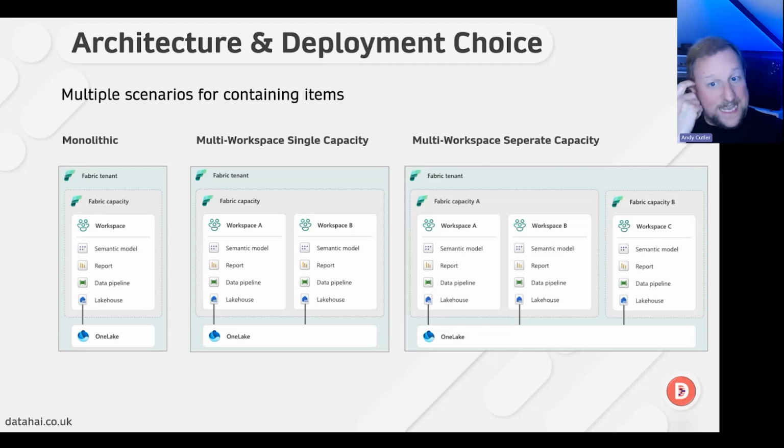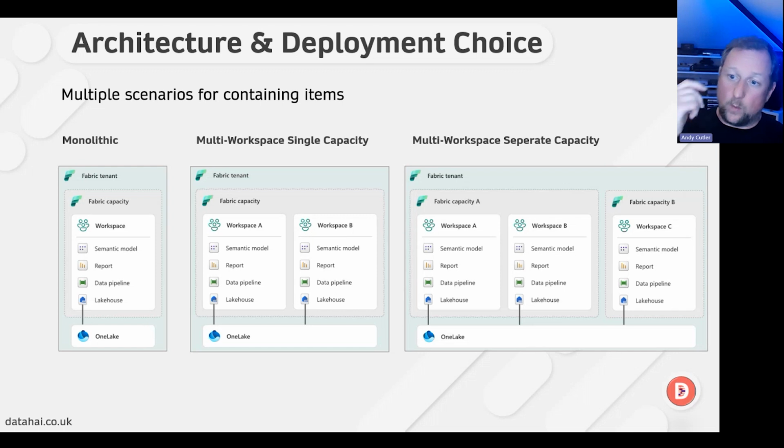And then the third is, well, what about if we don't want any noisy neighbors? What if we really need to separate our workloads within Fabric so that one set of workloads does not in any way impact another set of workloads? So we can then add multiple Fabric capacities and run those in a tenant and then assign workspaces to them.